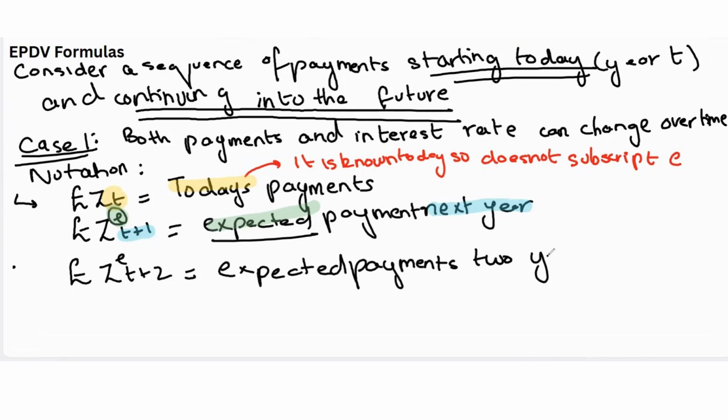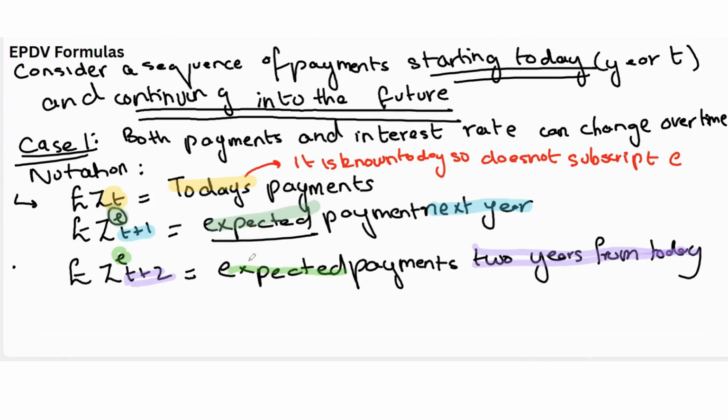Expected corresponds to this E over here, and 2 years from today corresponds to this T plus 2.